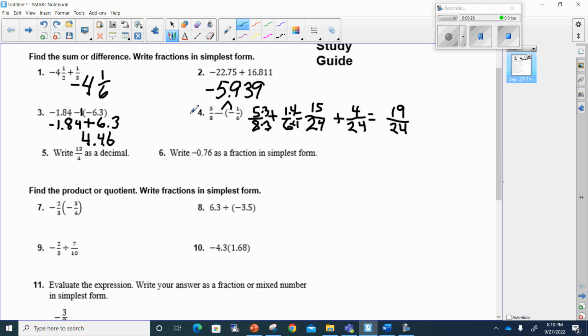All right. Let's go to number 5 now. Write 13 over 4 as a decimal. Remember, every fraction is a division problem. So 13 divided by 4. Let's see, 4 goes into 13 3 times, leaving me 12.